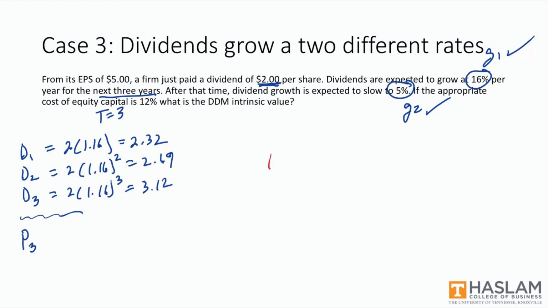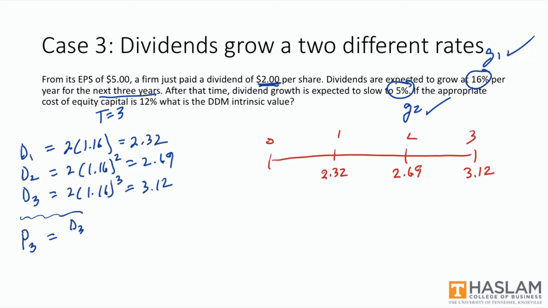Let's go ahead and put those on our timeline. We get the $2.32 here, $2.69, and $3.12. Now P3 is equal to the next dividend. The next dividend is D3 times 1 plus the growth rate g2.